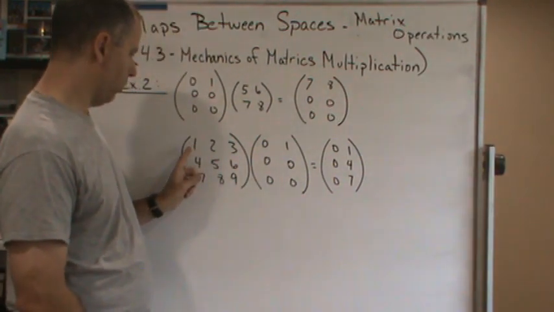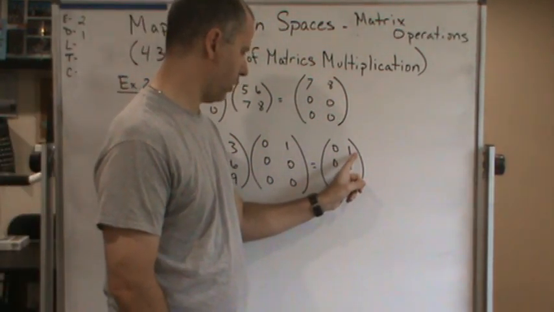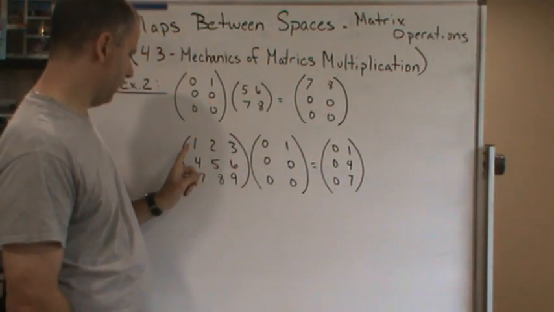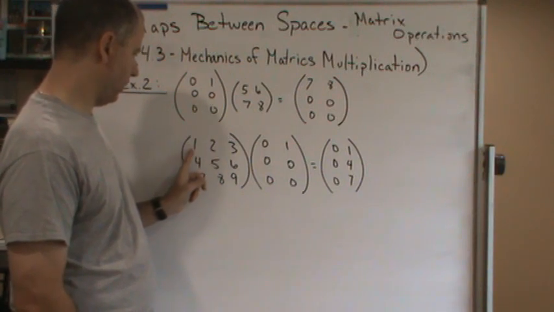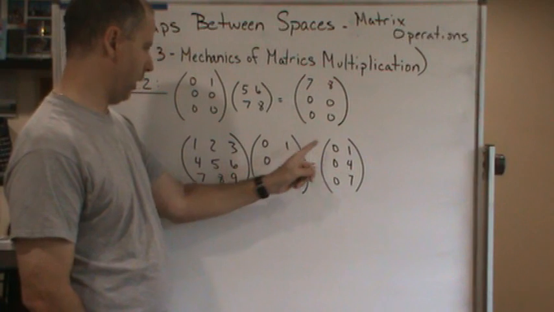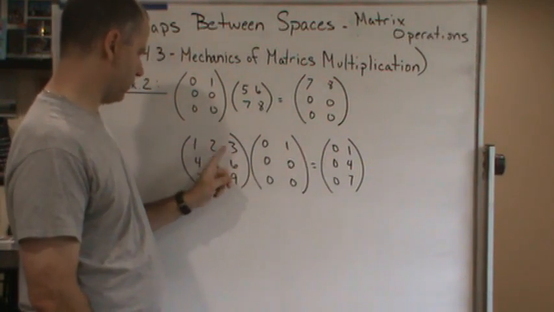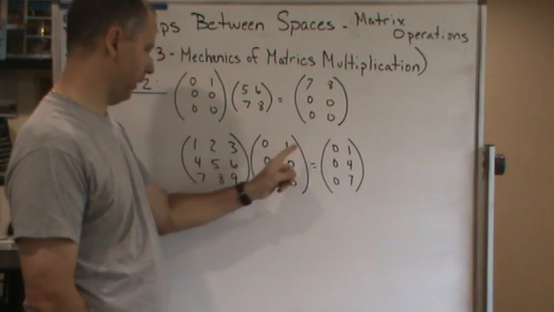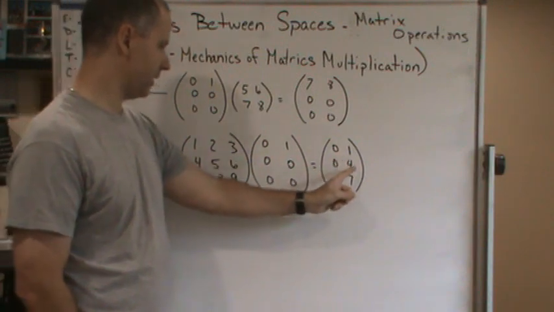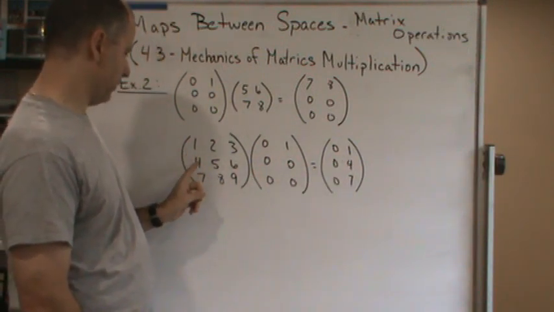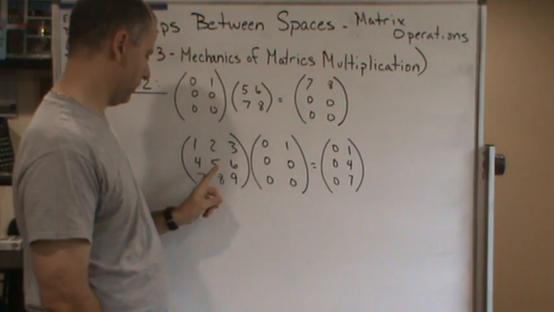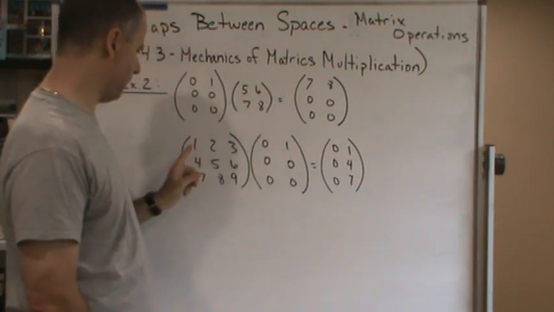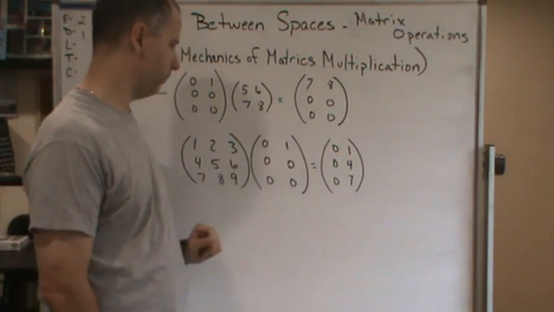That's going to be the first row, second column, so that's going to be 1 times 1, which is 1, plus 2 times 0, plus 3 times 0. So you just get 1. Boom. And then what about this one? It's second row now. So it's going to be 4 times 1 plus 0 plus 0. So basically, if it's here, you're repeating the first column here.